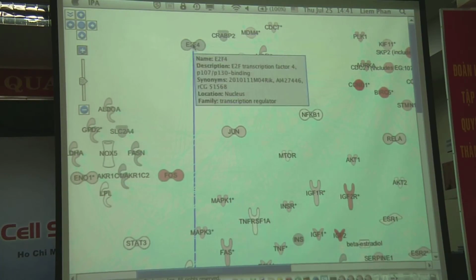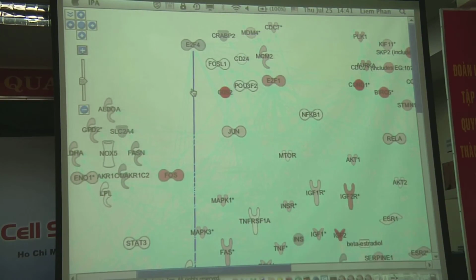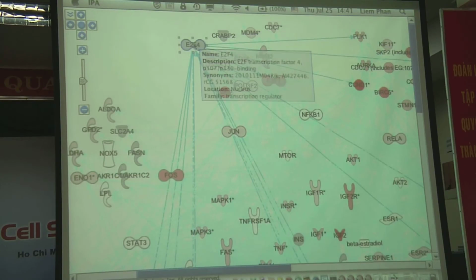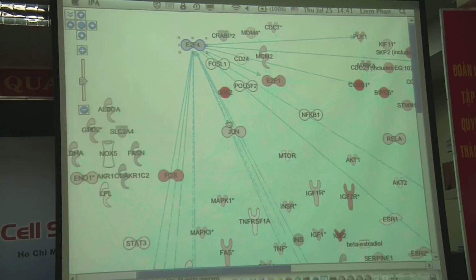For example, ATF4 can affect 1, 2, 3, 4, 5, actually a lot of downstream targets. So is that your question? Yes. If you click here, you're going to see this affects all of the genes right here. So all of the possible connections are already displayed here. There are no more connections. Yes. Okay. Everything is already displayed here.